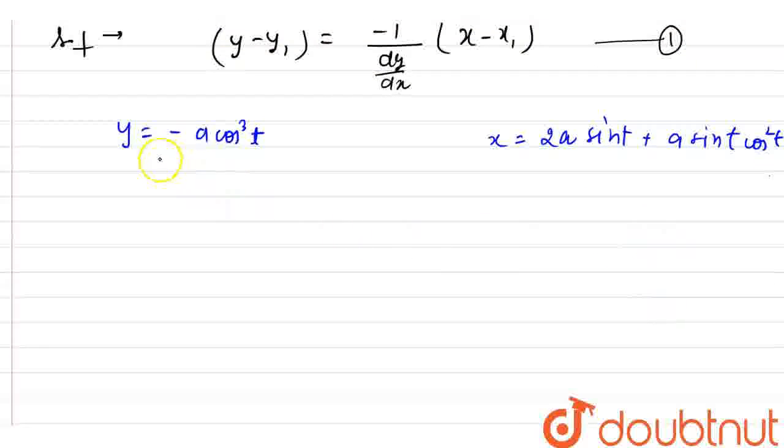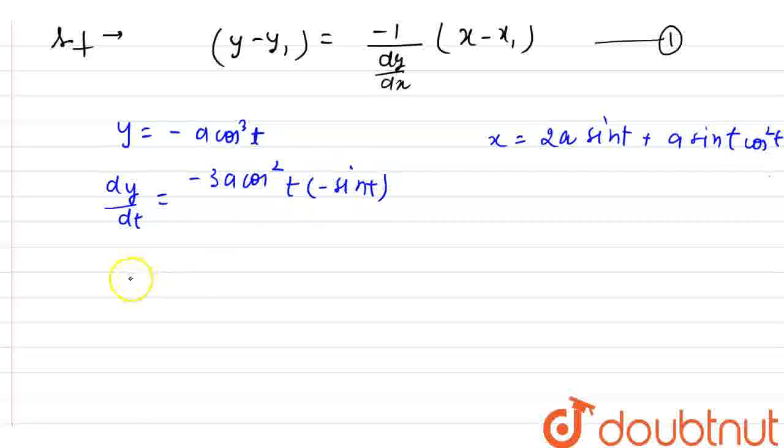Now I'm going to differentiate this with respect to t, so dy/dt = -3a cos² t, and the differentiation of cos t is -sin t. On solving this, the minus and minus become plus, so dy/dt = 3a cos² t sin t.